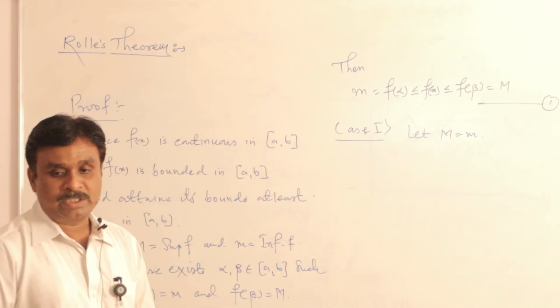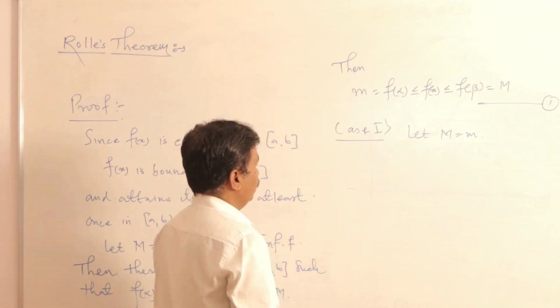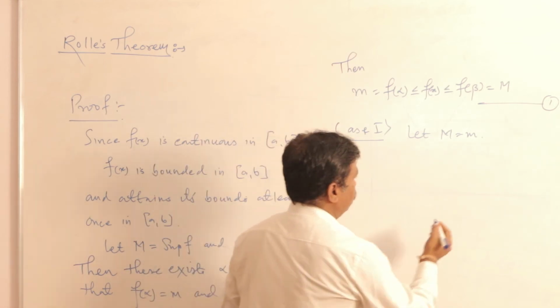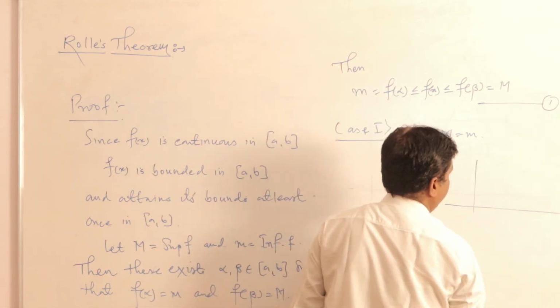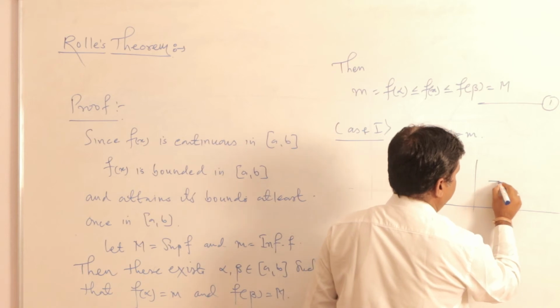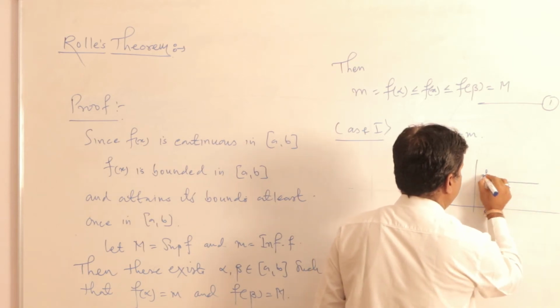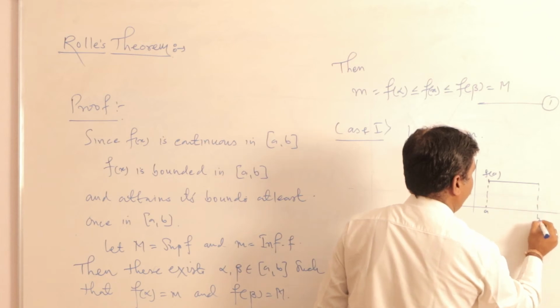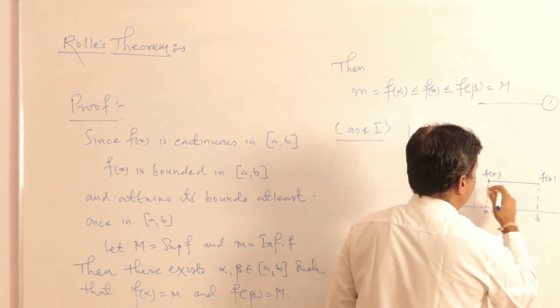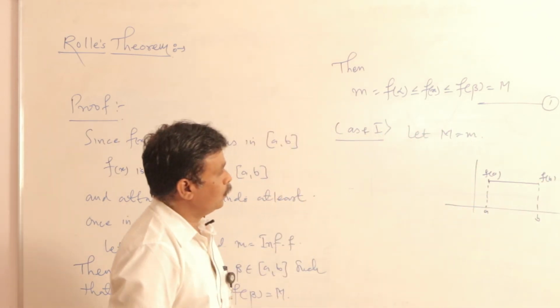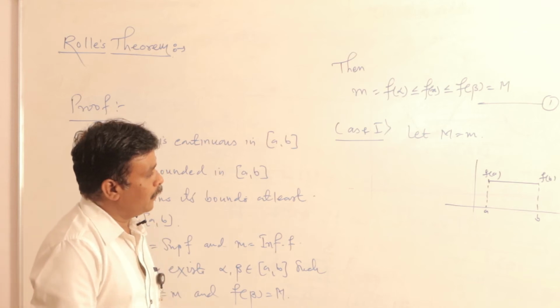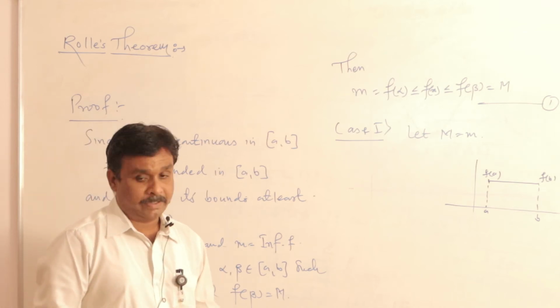Clearly there is no change in the function value. Geometrically, if we draw the line, this is the point f(a) and this is the point f(b). So there is no change in the function value, and in this case the function is constant in the closed interval [a, b].